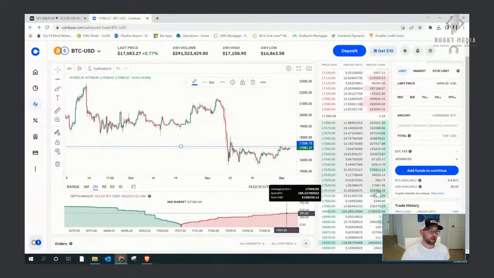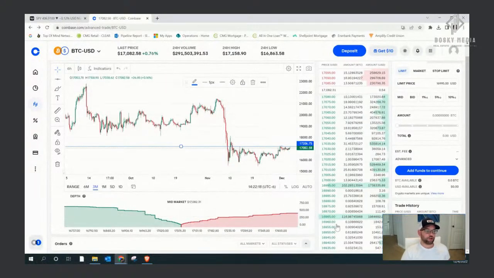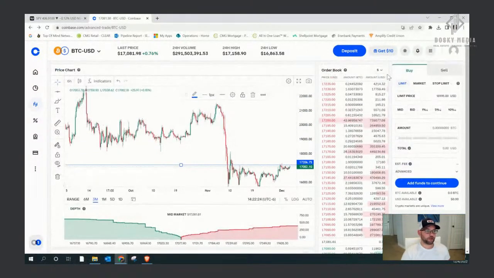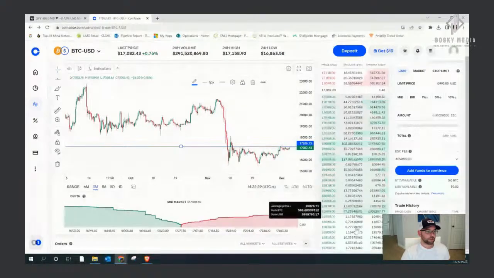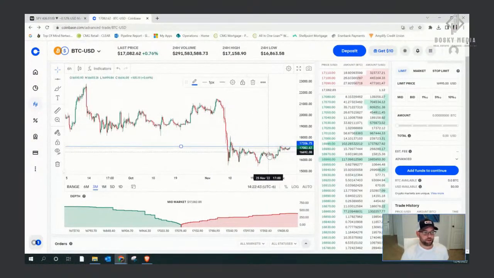Use them properly. One way I do like to use them sometimes: let's move this aggregator up to a 10 so we can see some deeper order books. Let's say this order down here at 16,860, there's an order for 77. I saw that there for a couple of days, and I actually like that area on my charts because it lines up with a trend line, and I wanted to buy in that area.